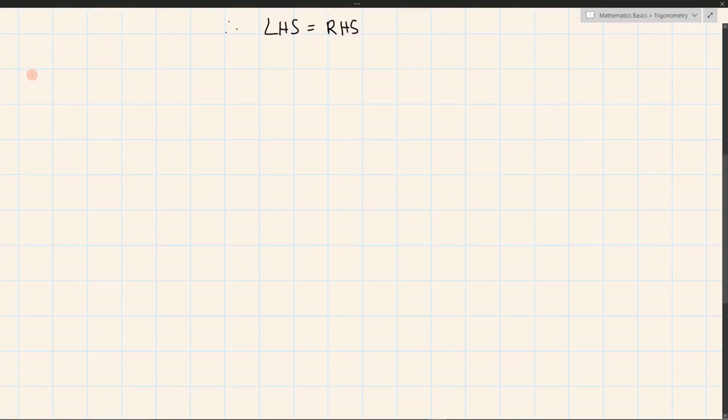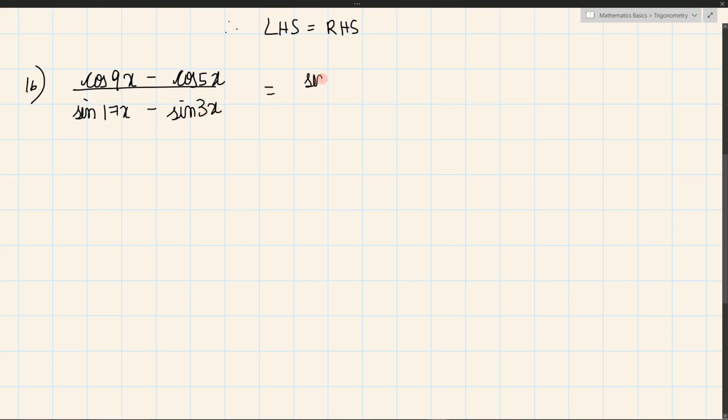We have question number 16. We have cos 9x minus cos 5x whole divided by sine 17x minus sine 3x is equal to sine 2x divided by cos 10x, right? So let us consider the LHS.